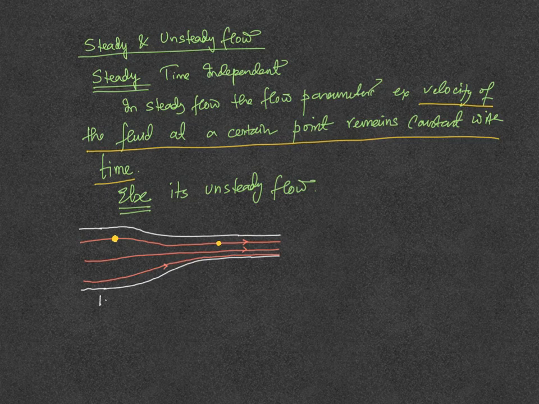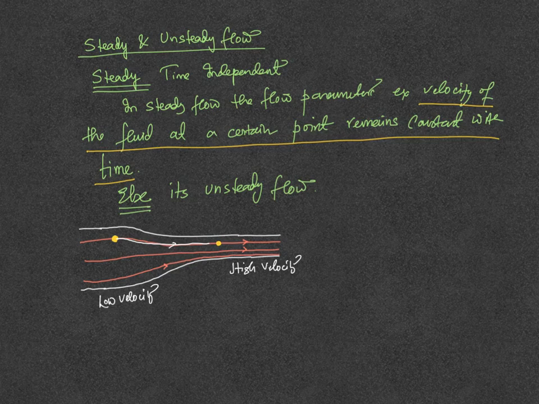So this is low velocity in this region, and where the cross section is smaller you have high velocity. So the fluid particle, its velocity changes as it moves along. See, this is the path of the fluid particle. I'll show by the pointer. See, the same fluid particle moves here. Its velocity changes.